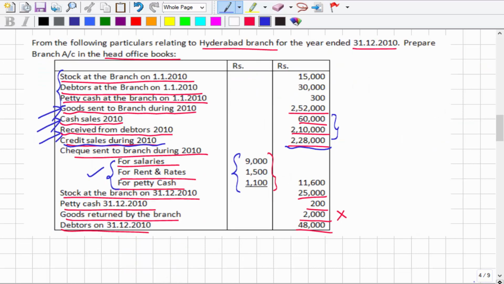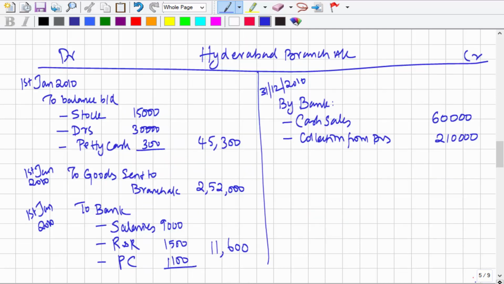Then we have some closing balances, stock at the branch on 31st December, then petty cash. Okay, so these two we can take later, and we have one more item, goods returned by the branch. When goods are returned by the branch, then the entry will be, let's say this is happening on 31st December 2010, by goods sent to branch.